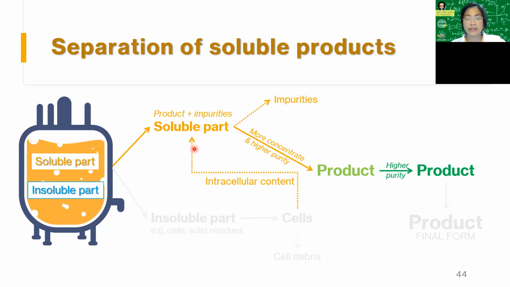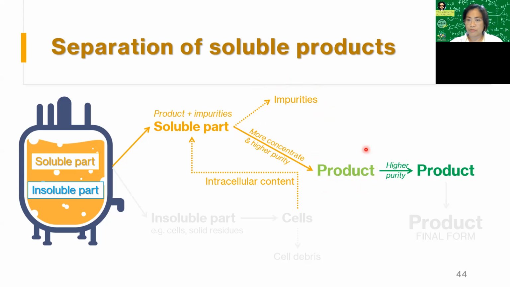How do we take the product that we want that is already in the liquid state? In the soluble part we have the product and we have impurities as well. So the main aim at the beginning is to remove the impurities, so we get a higher purity product and also a more concentrated one.